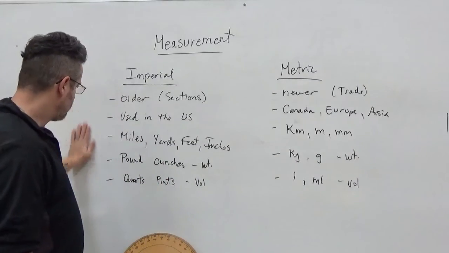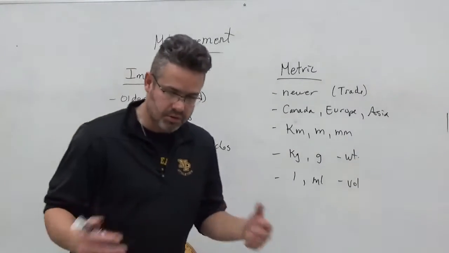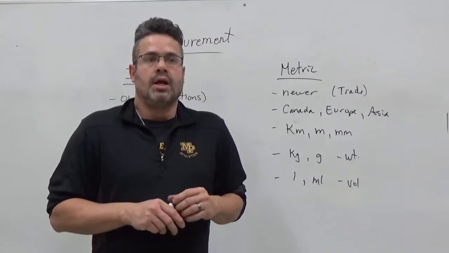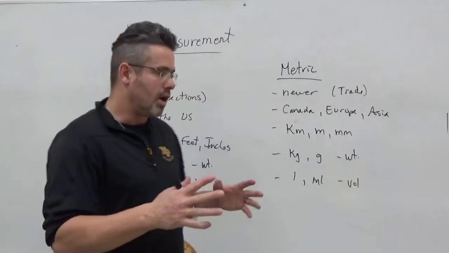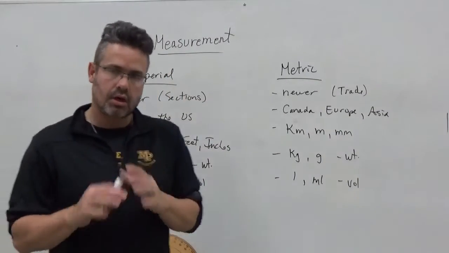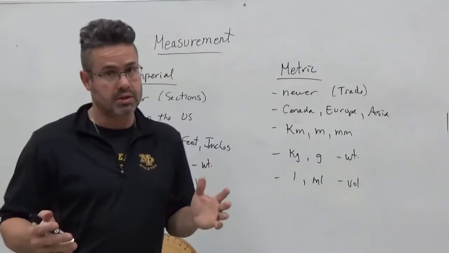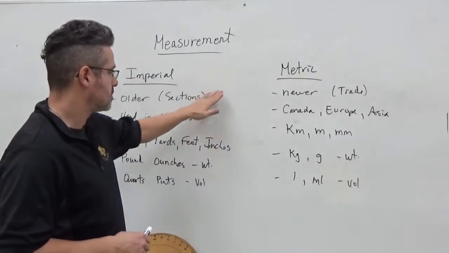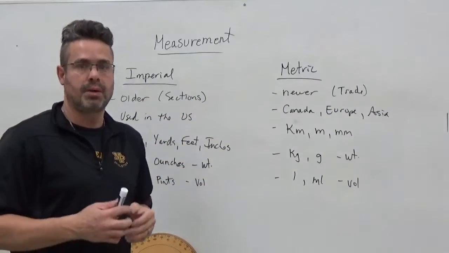So imperial is kind of the older system. When Canada was first born back in the late 1800s, land was sectioned off in 1 mile by 1 mile sections, and so that's the imperial system. And so we started out being, imperial was our official unit of measurement. We would measure lengths, weights, volumes in imperial.